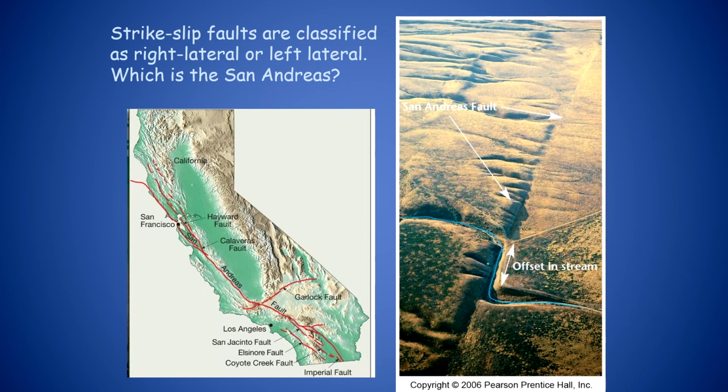Based on the erosion and the valley width, it has been marked that this is the connecting stream which used to flow over here in the past. It has moved right laterally, because as we discussed in the previous one, the block has moved towards us and this has moved away.